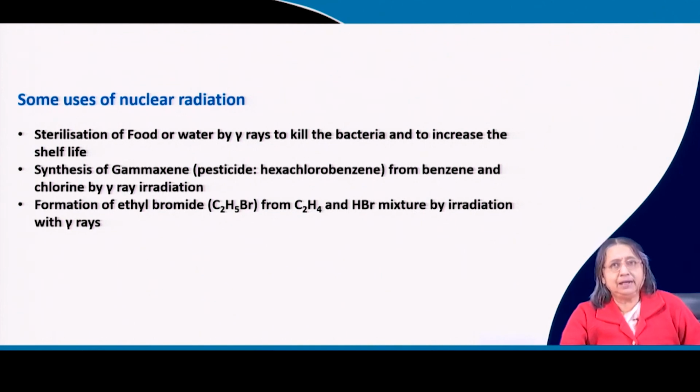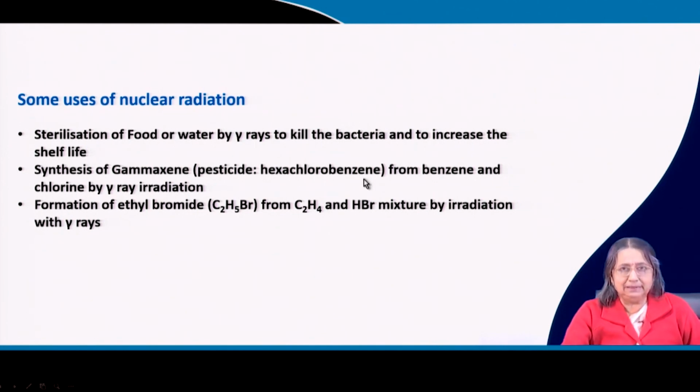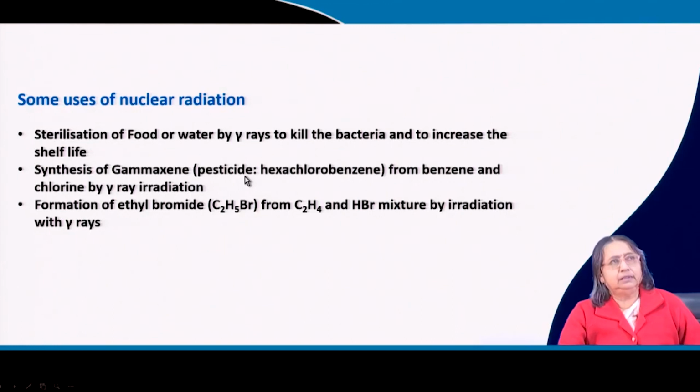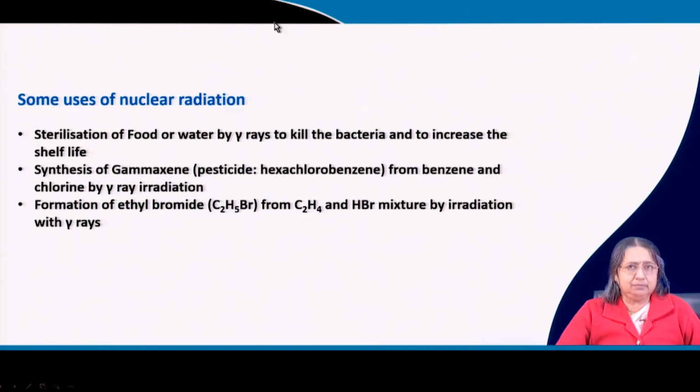If you remove the double bonds and introduce 6 chlorine atoms in the benzene ring, then it becomes gamaxine, called hexachlorobenzene. BHC also, benzene hexachloride. So, this type of material can be synthesized from benzene and chlorine by gamma ray irradiation. Sometimes it is done by UV light also, but gamma rays can do the same. So, gamaxine can be produced.